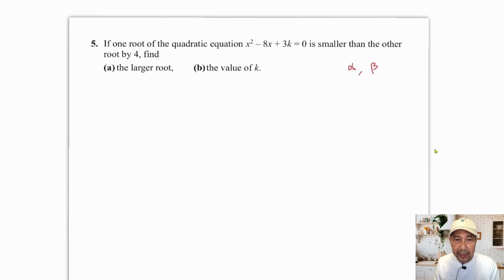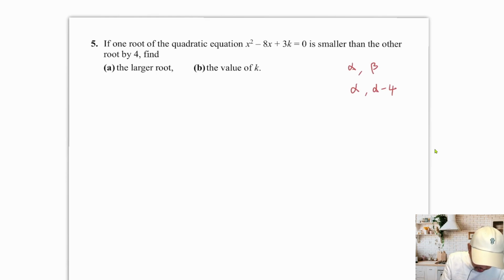But in this question, the information given to us is that one root is smaller than the other root by 4. So the difference between them is 4. Instead, we can assume the larger root as alpha, and the smaller root should be equal to alpha minus 4. So the difference of them is kept as 4.